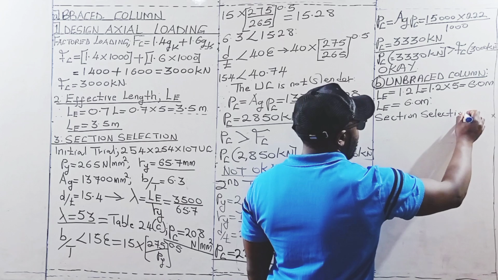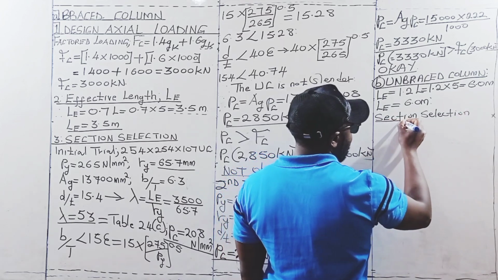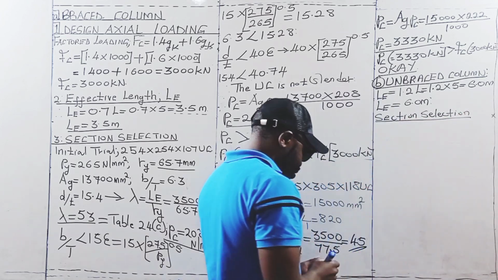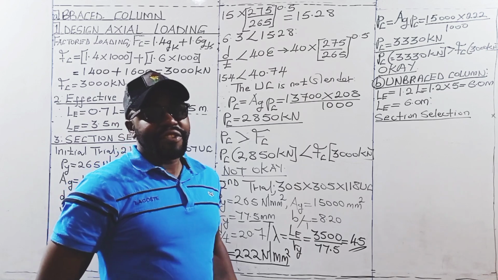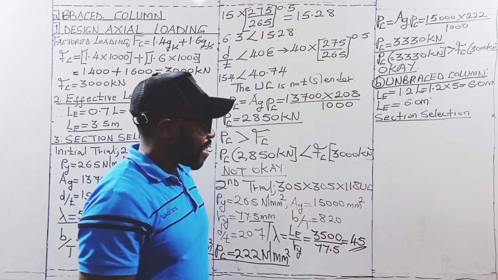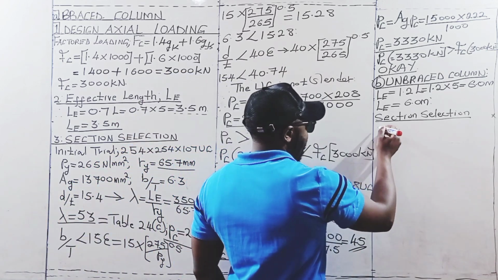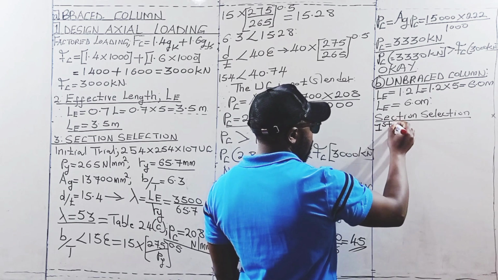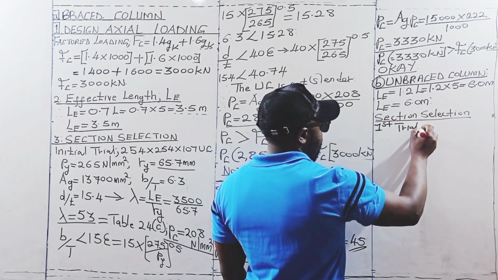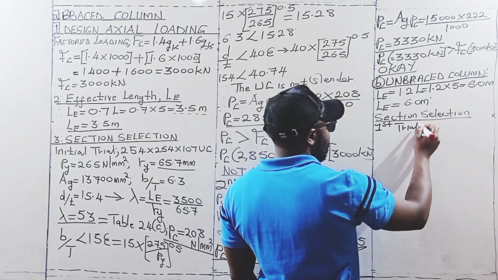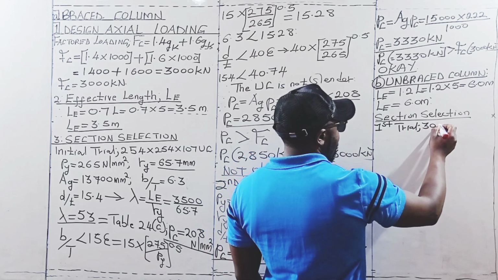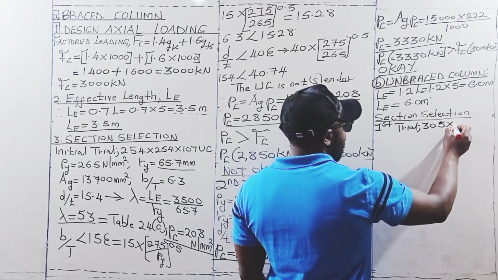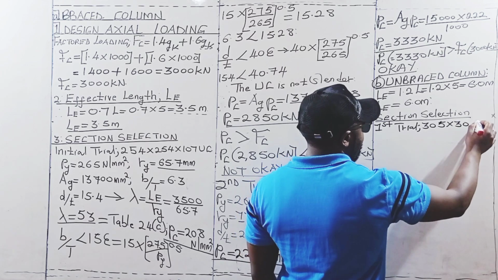and in the same way as we did for the braced one, we are going to use the trial and error method. Therefore, we are going to have a first trial, and our first trial is going to be a column with serial size 305 by 305.